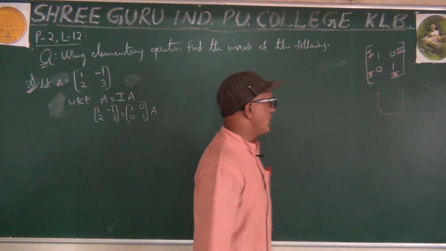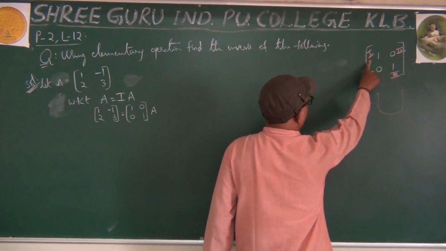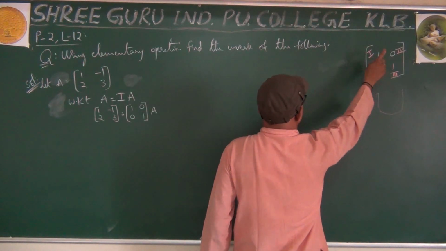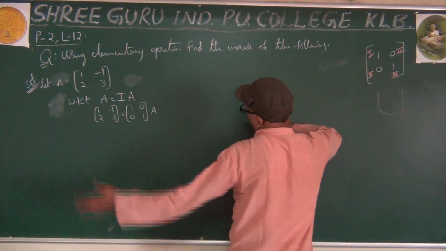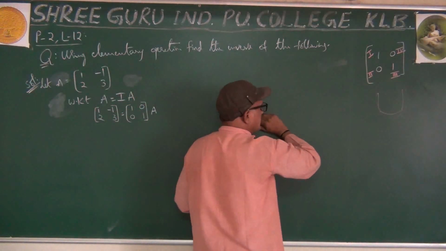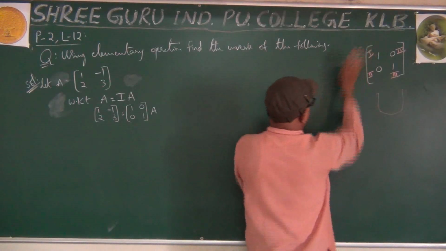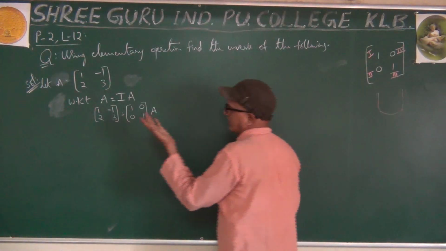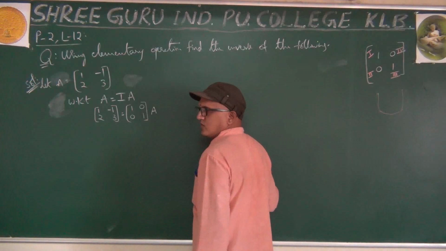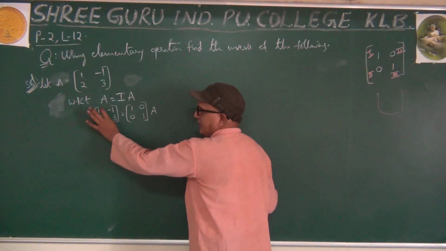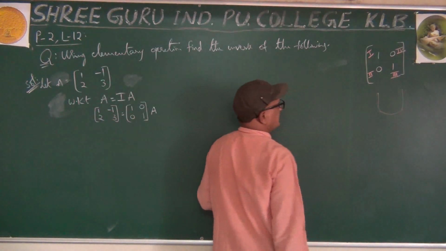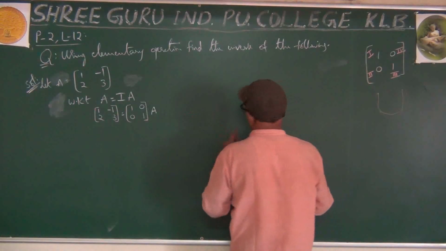Now, Roman letter 1: 1 is already there. If you want to find the inverse of the given matrix, this place should be 1. Already 1 is there, so no need to take tension.